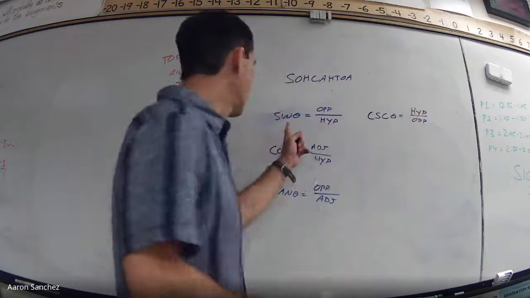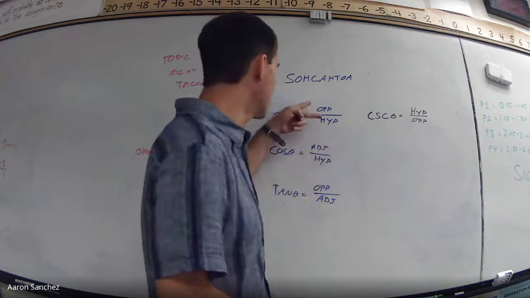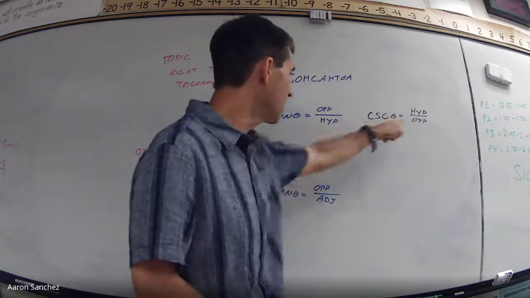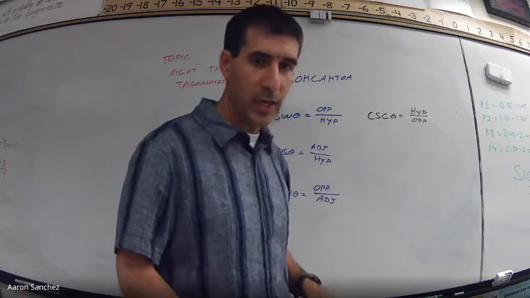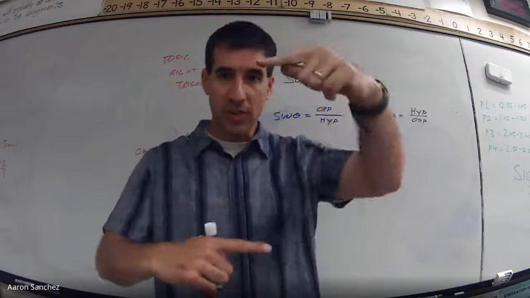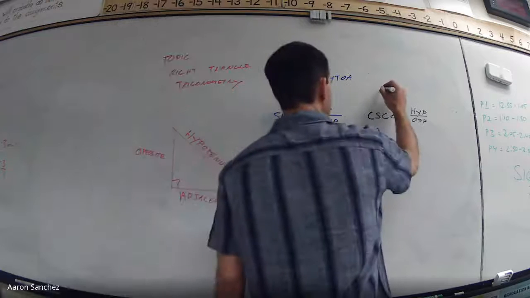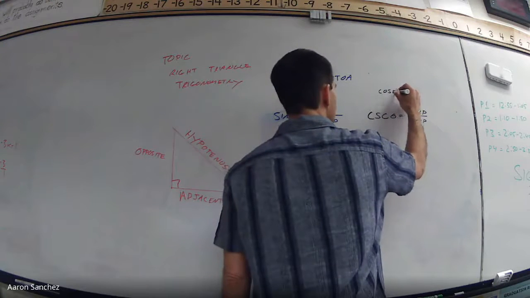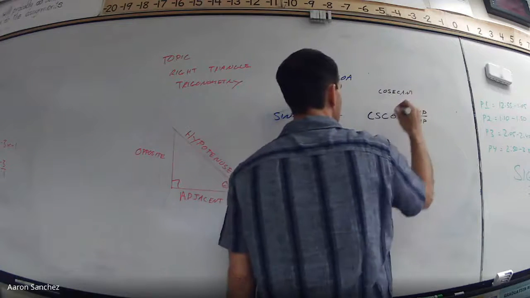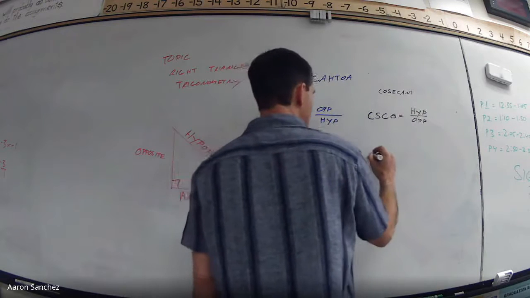Notice the cosecant is the reciprocal of the sine. Cosecant is just sine flipped like that. Cosecant is spelled like this.